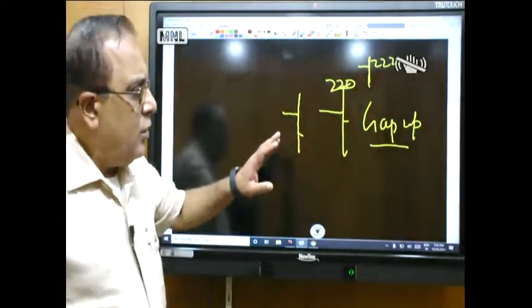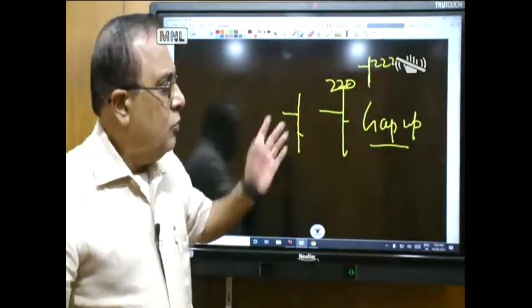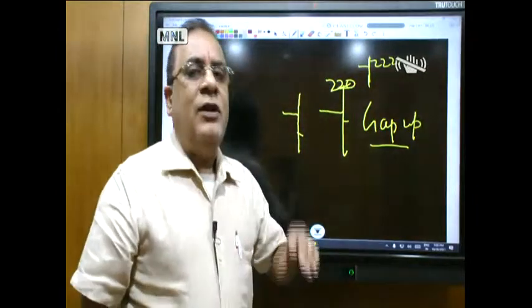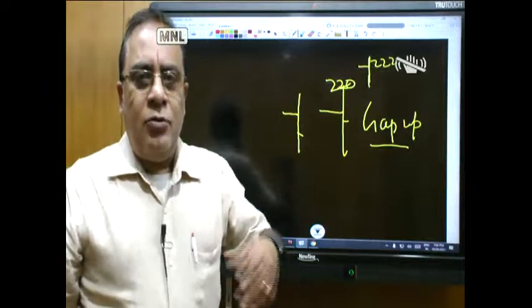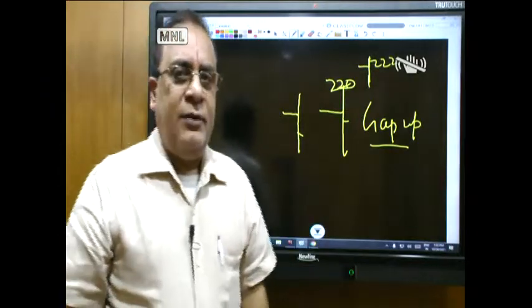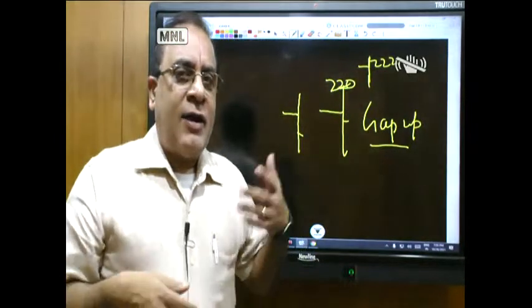Gap ups are generally more frequent than gap downs. If you take a period of 3 years or 5 years, you can see many more days with gap ups than gap downs. And if the market is quite bullish, let us say it is trading above the 20, 50, 100, 200 moving averages, since it is in a very bullish environment, there are many chances of gap ups happening.